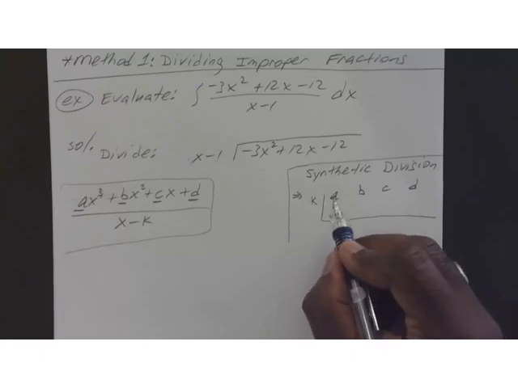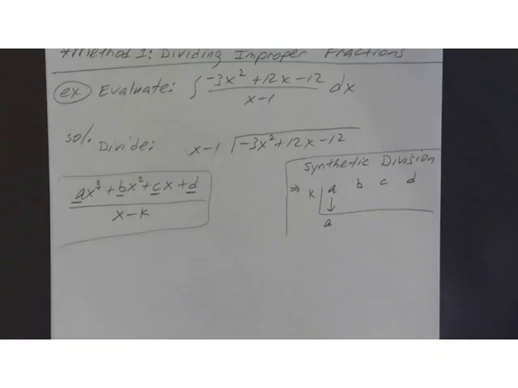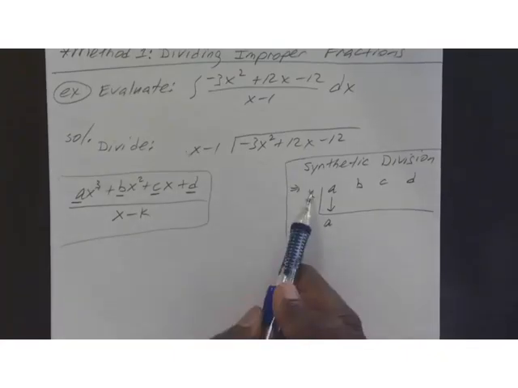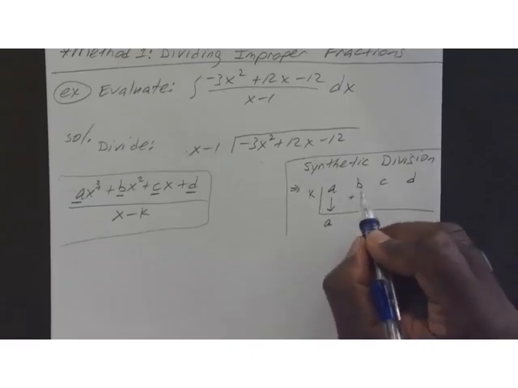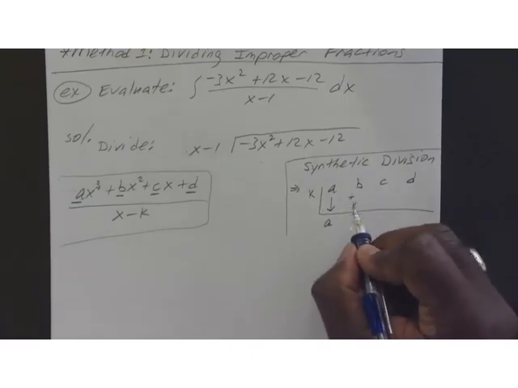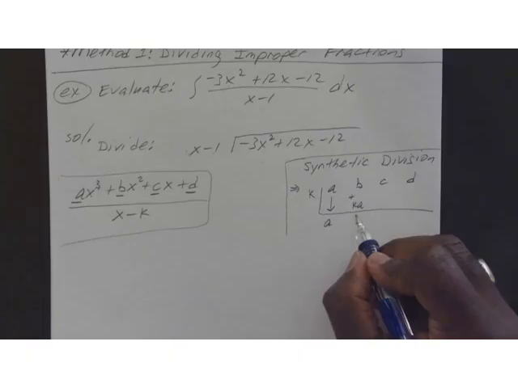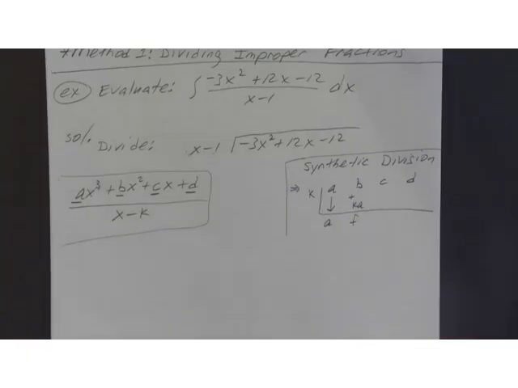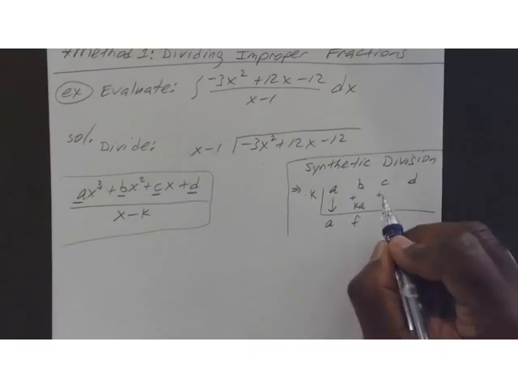So your first coefficient, you just bring that down. And then you multiply k times that first coefficient, and you add it to your next term. So if you add them together, you get some number. We'll call that number f. Then you multiply k times that number and add it to the next term.